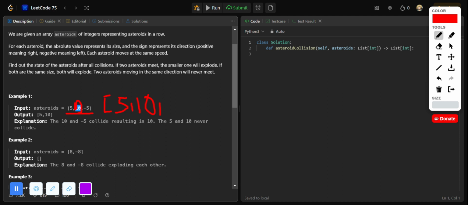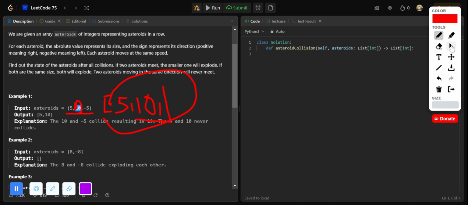So 10 will collide with negative 5. Their speed is the same, they're moving one step per time each. But since the size of negative 5 is less than 10, it's going to explode, and our state remains like this: 5, 10.